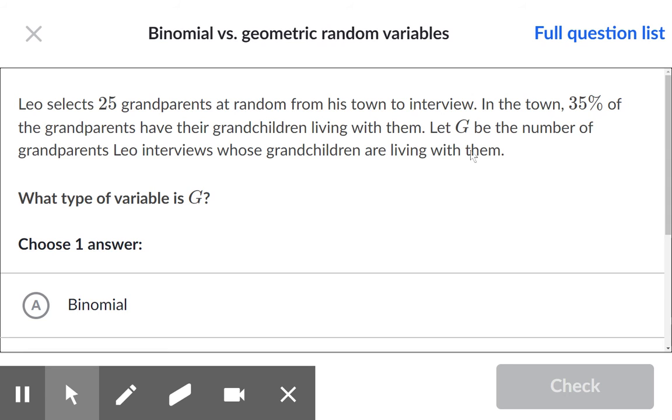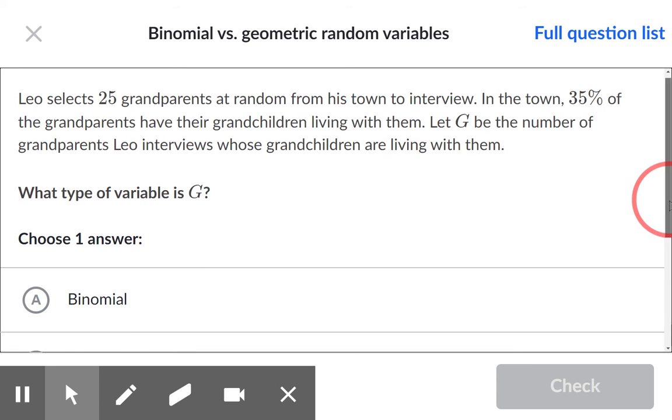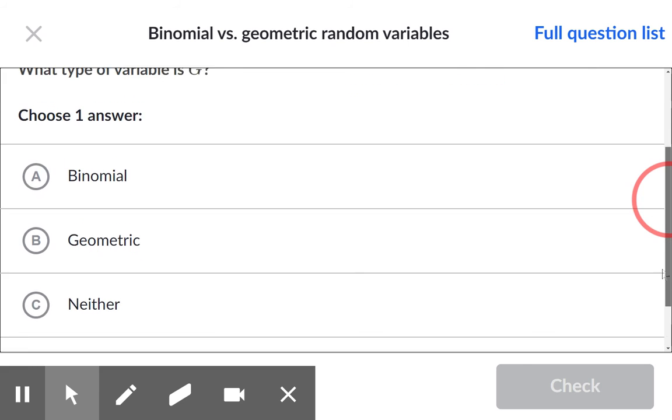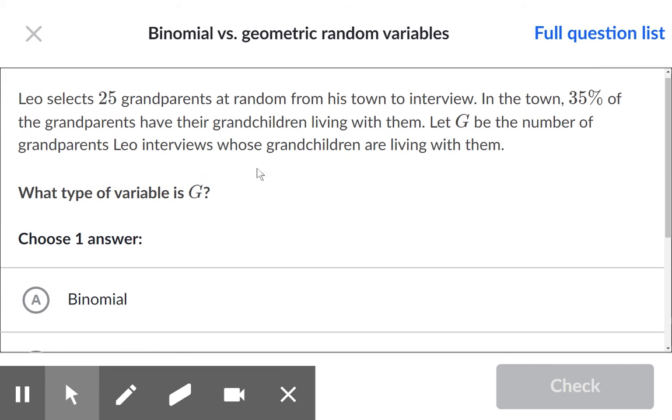Let G be the number of grandparents Leo interviews whose grandchildren are living with them. Out of 25, how many have grandchildren living with them? It sounds like a binomial, but I won't say it's a binomial now because the independence rule is not stated.